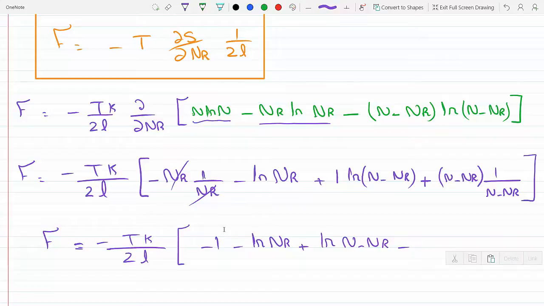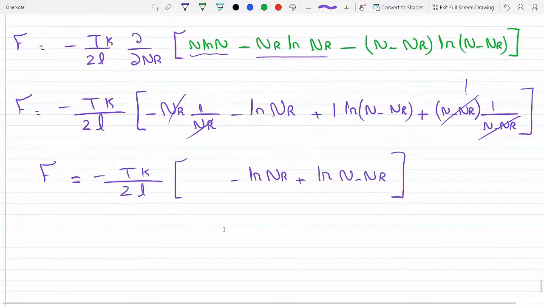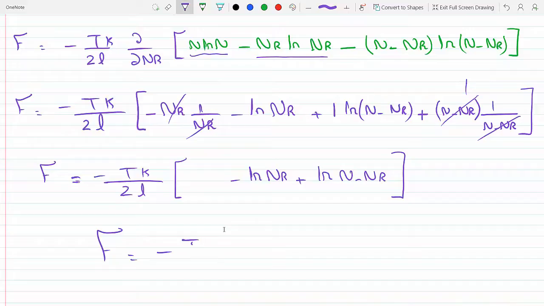Okay, so this here becomes a 1 and it would cancel with the minus 1 at the beginning, so these two go away and I'm left with ln n minus NR. Okay, not bad. And so after all is said and done, we will get F to be minus TK over 2L ln. This is just the difference of two logarithms, so it's n minus NR over NR.